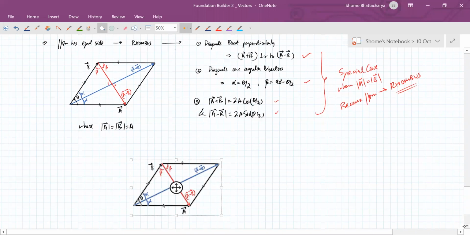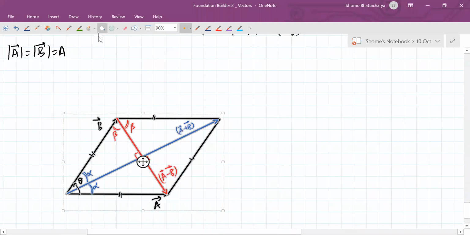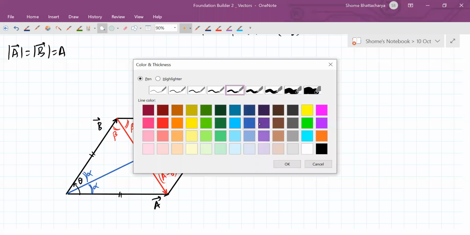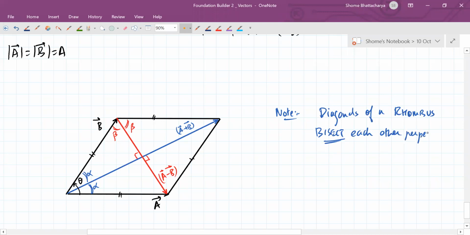So now, using the fact that the diagonals of a rhombus bisect each other perpendicularly, this is equal to this, because this is getting bisected.